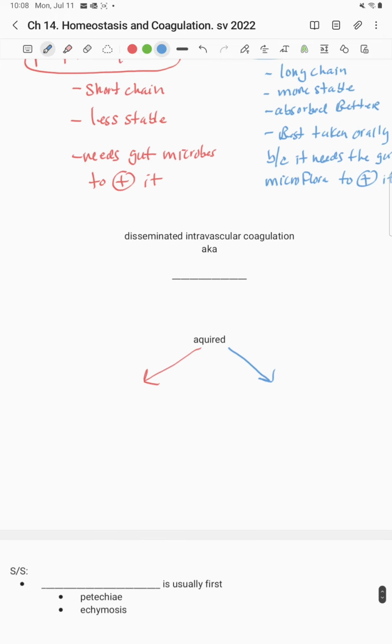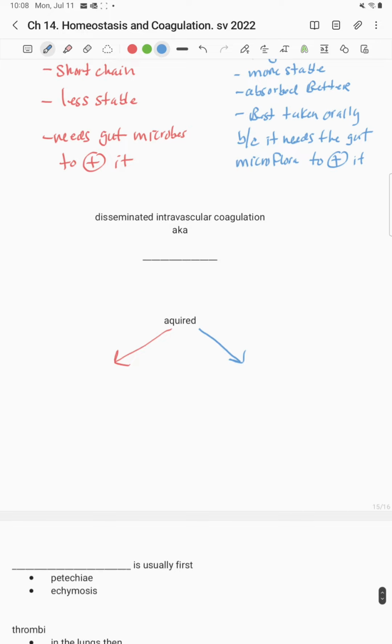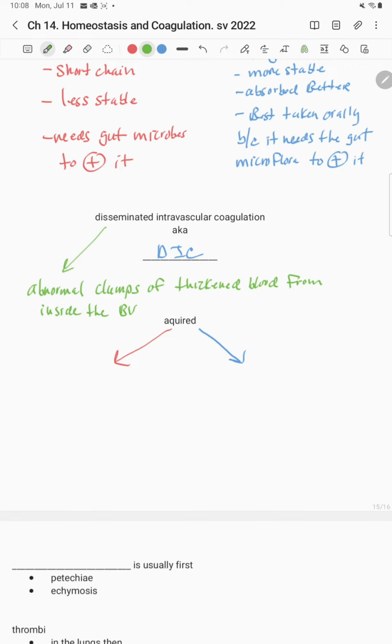Okay, disseminated intravascular coagulation, also known as DIC. Disseminated means abnormal clumps of thickened blood from inside the blood vessel.